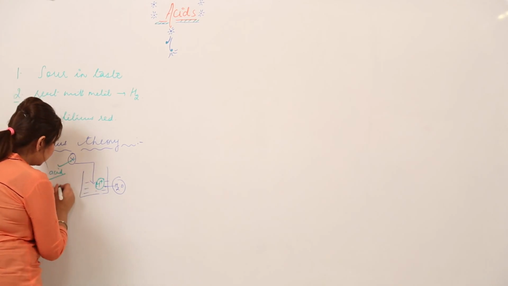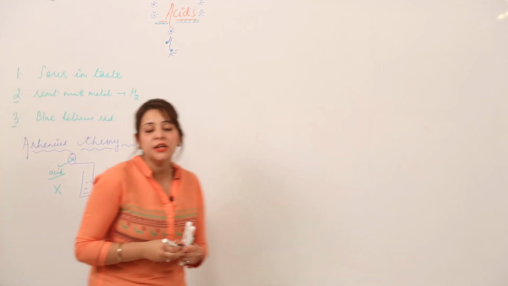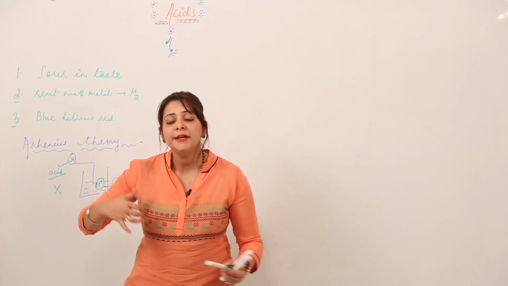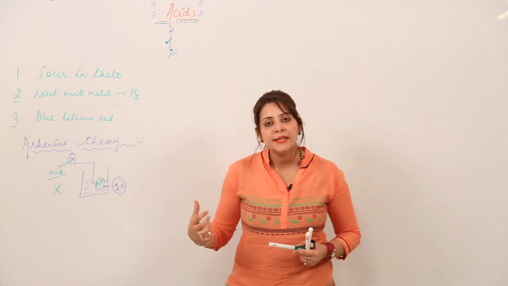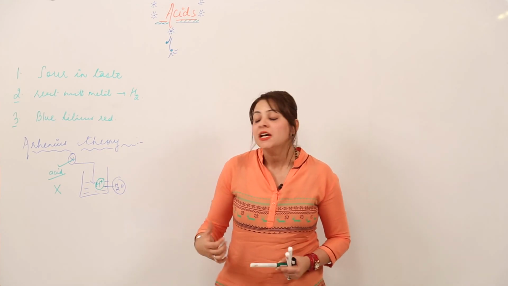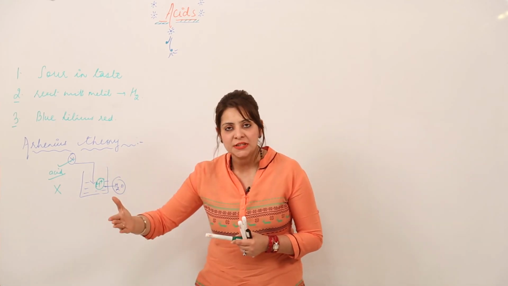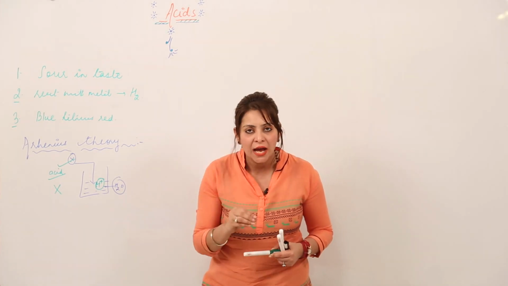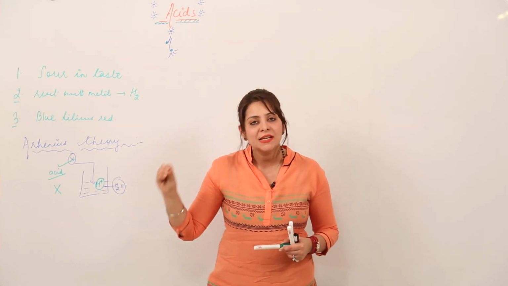And if it doesn't give hydrogen ion in water, it is not regarded as an acid. So according to Arrhenius, what is the theory for an acid? It is that any substance which, when dissolved in water, gives the hydrogen ion is called an acid, right.